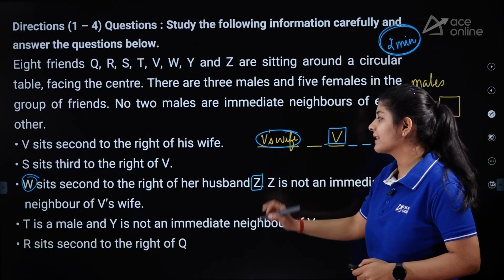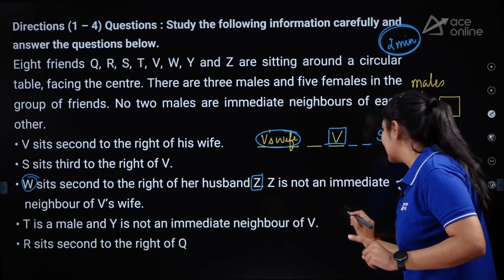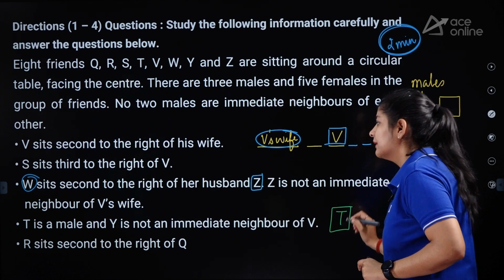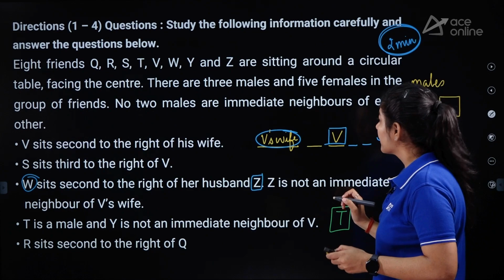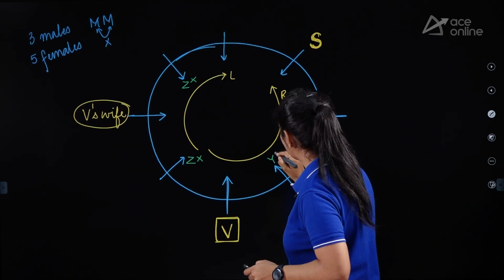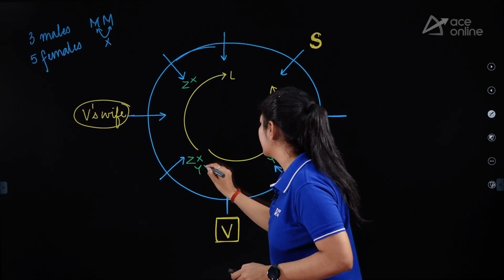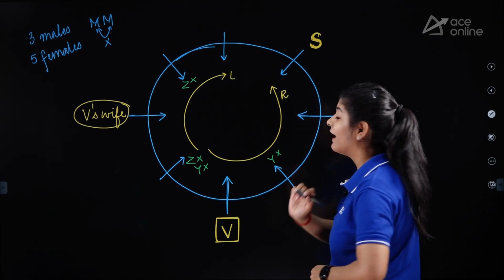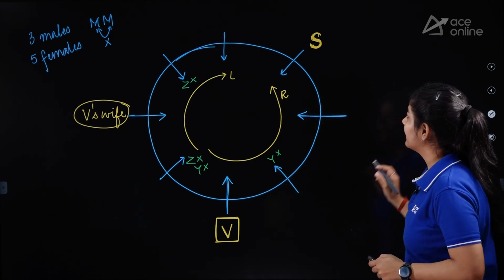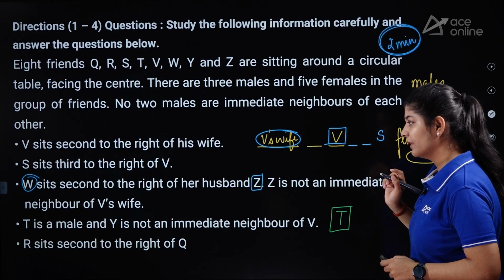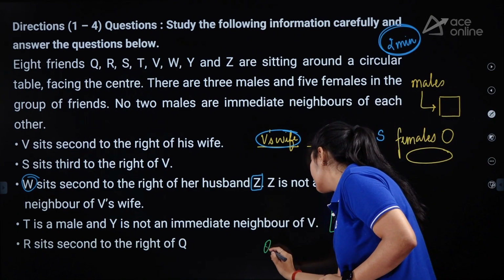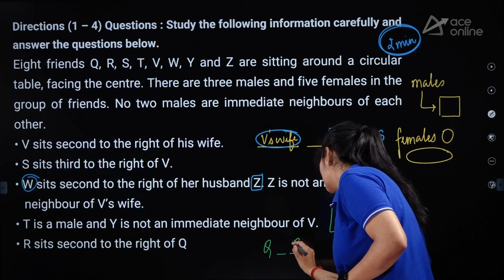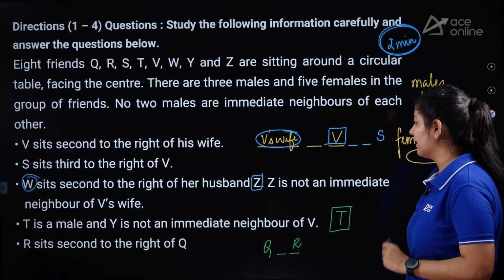Now T is male, and Y is not an immediate neighbor of V, so we are not going to place Y here or here. And T is a male. R sits second to the right of Q, so if this is Q, then here we have R.